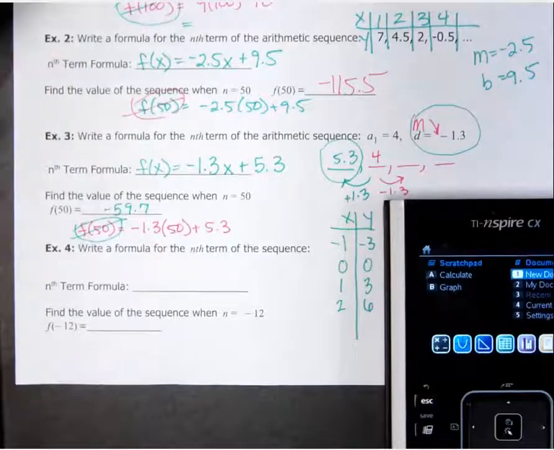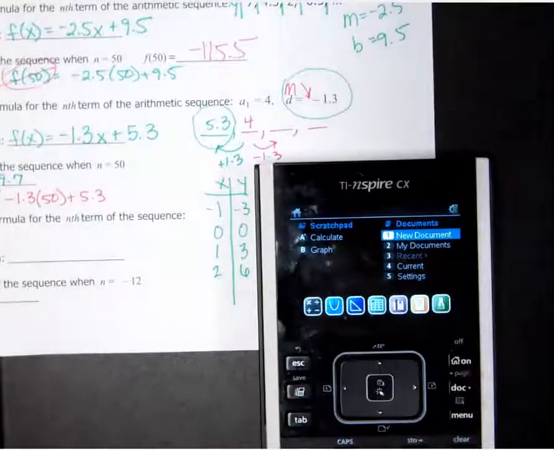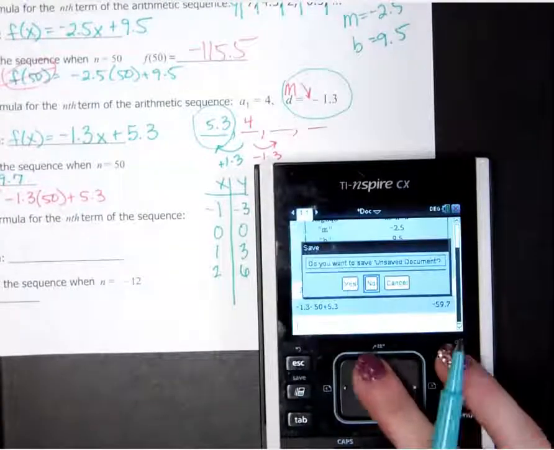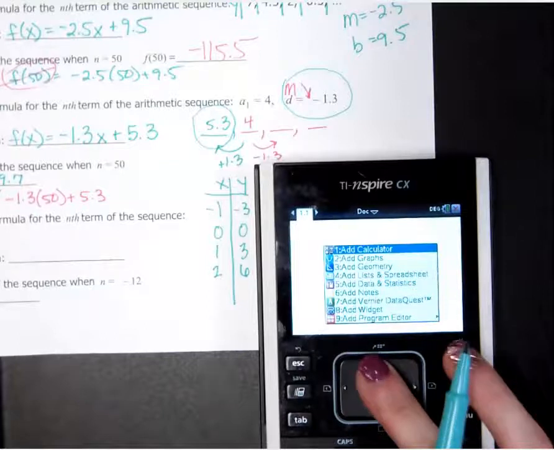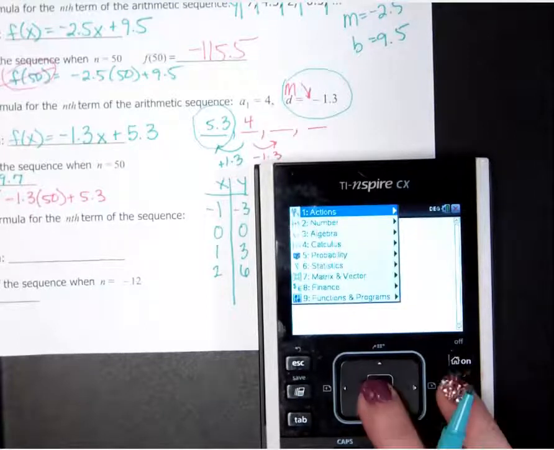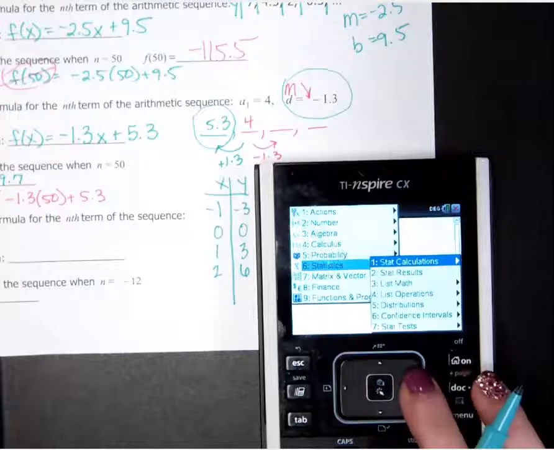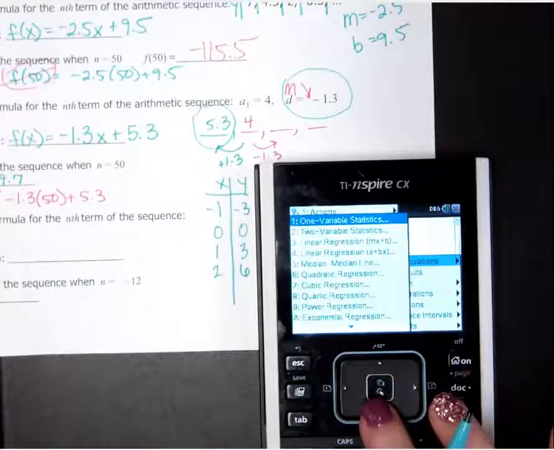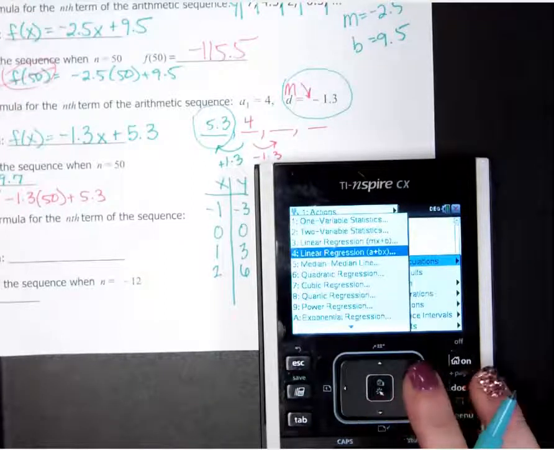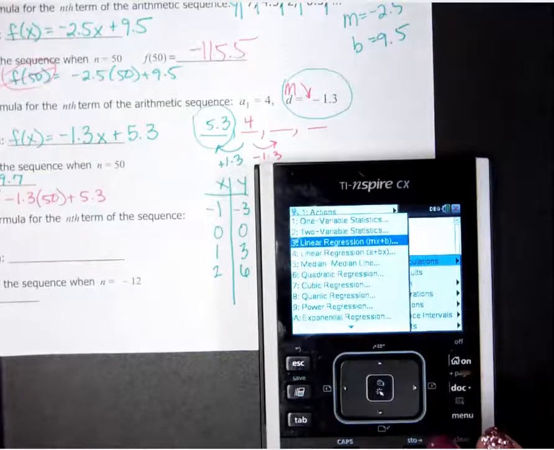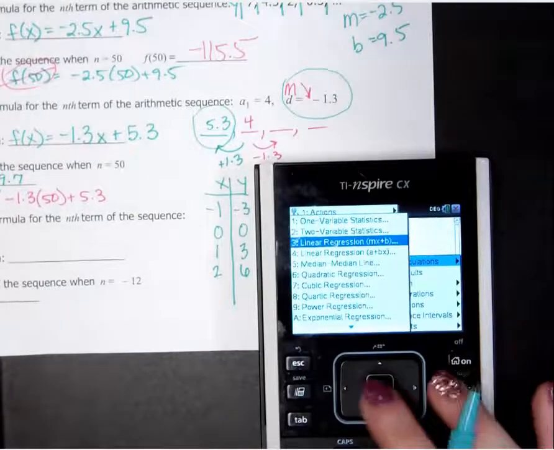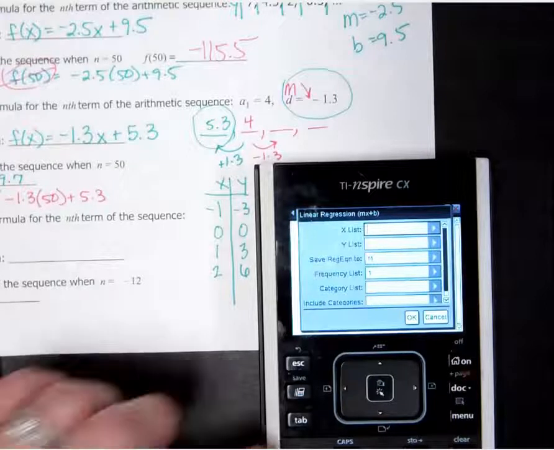So I'm going to go home, new document, don't save, add a calculator. Menu, statistics, stat calculations, mx plus b. Whoops, mx plus b. All right. Control, close parentheses.